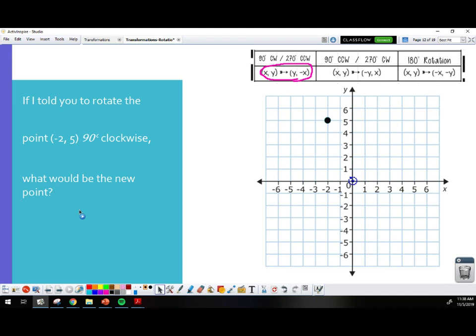So my new point should be at 5, positive 2. Let's see how that would look. Clockwise, we would be at 5, positive 2, exactly.